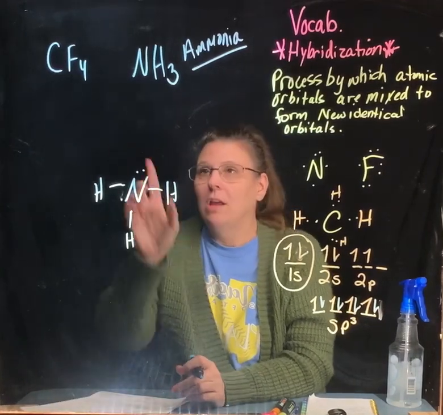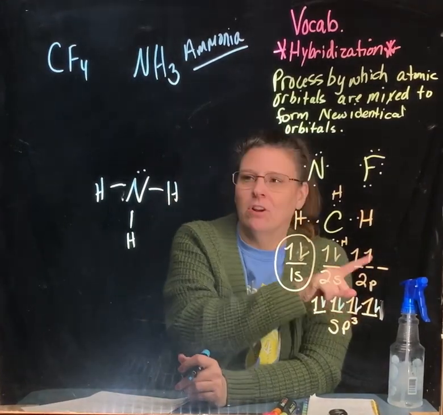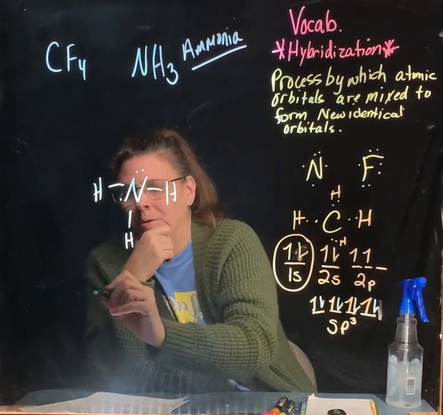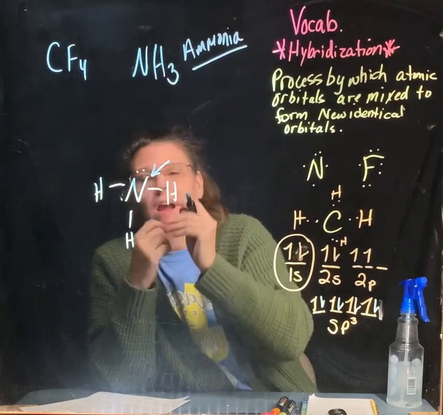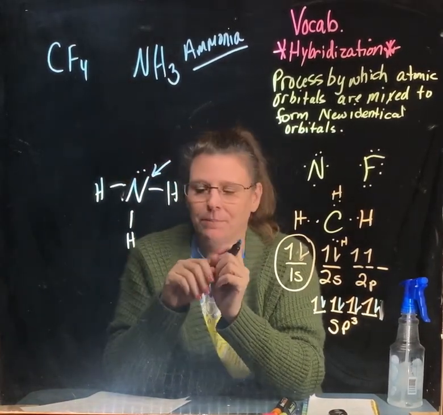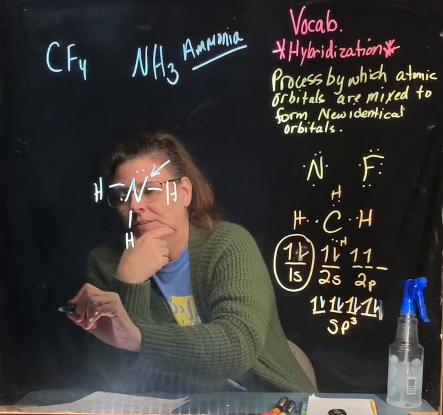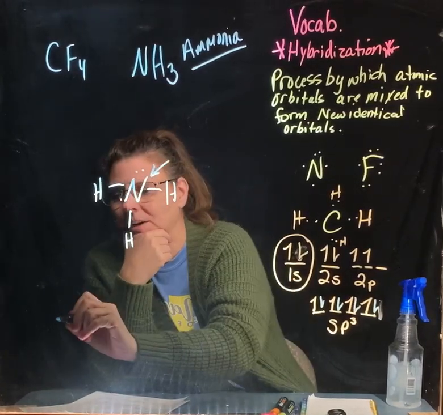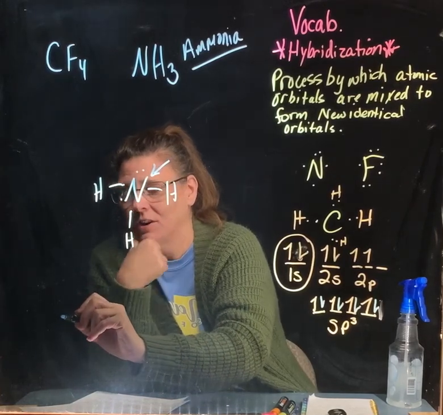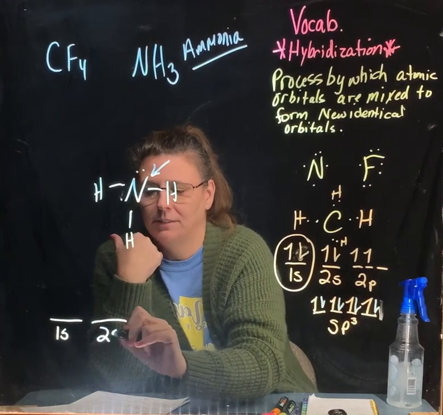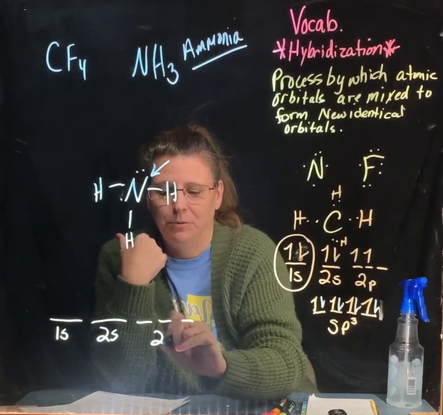Okay, so how does this represent electron configuration versus hybridization? I only want to know what the hybridization is of nitrogen. Just the nitrogen, not the hydrogen. Well, if I know the electron configuration of nitrogen, it's similar to carbon, but a little bit different because it has one more electron, right? So we have 1s, 2s, and then we have 2p.